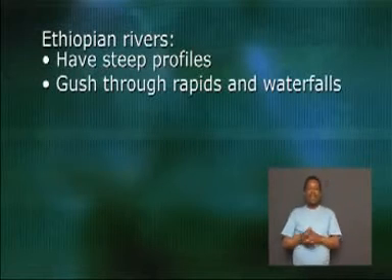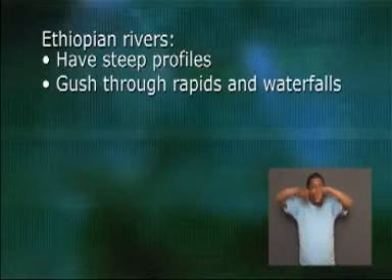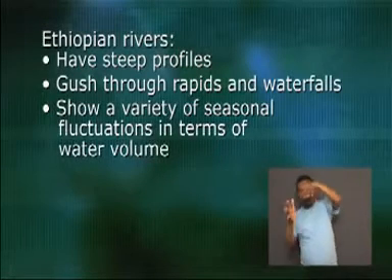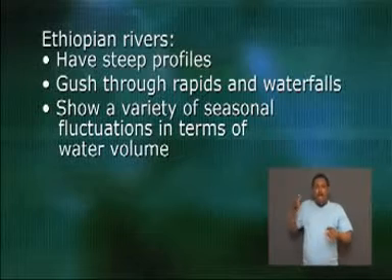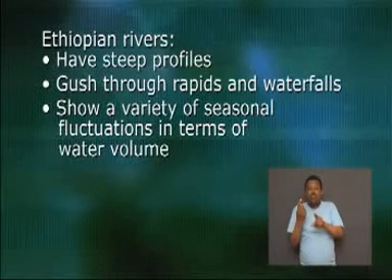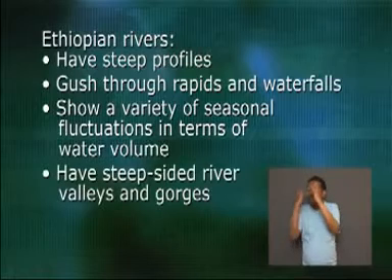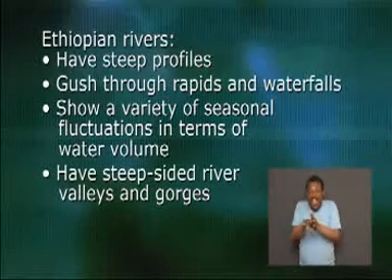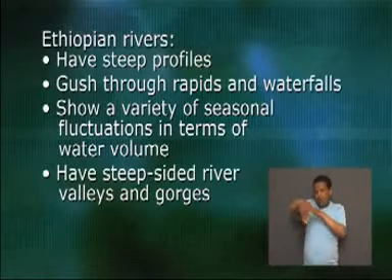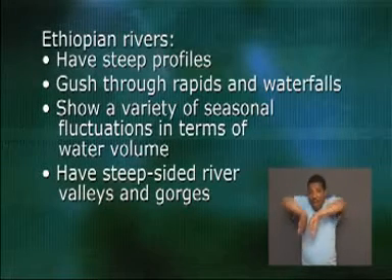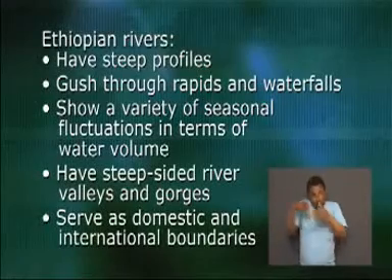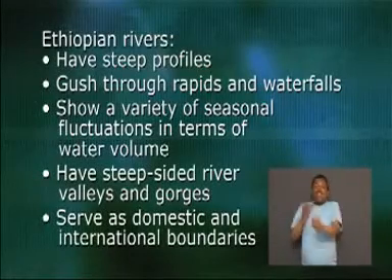They gush through rapids and waterfalls along the way and show a variety of seasonal fluctuations in terms of water volume. Many rivers in Ethiopia run through steep-sided river valleys and gorges and serve as domestic and international boundaries.